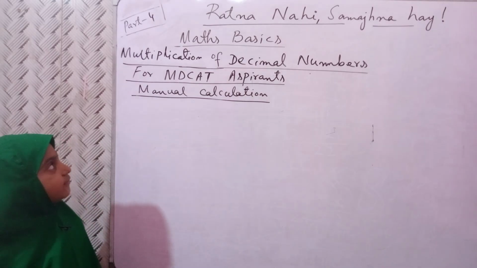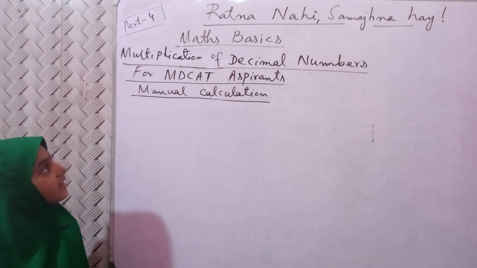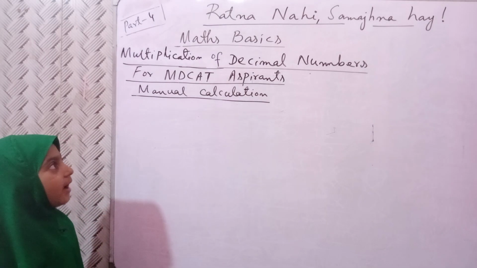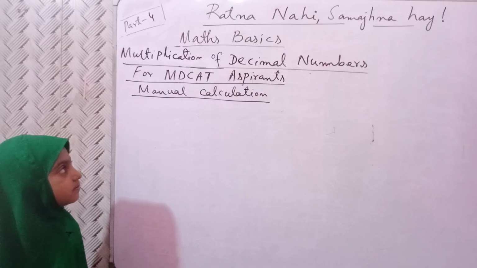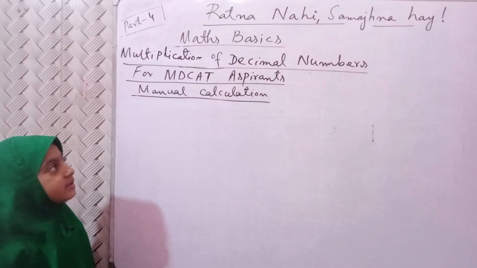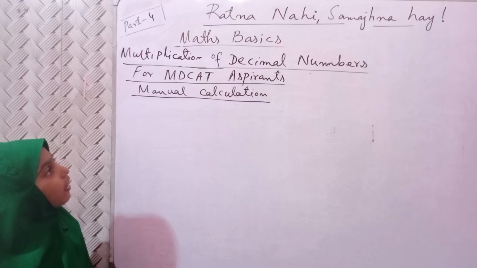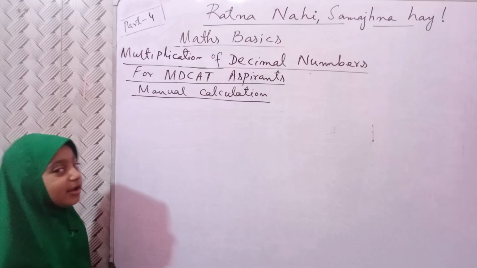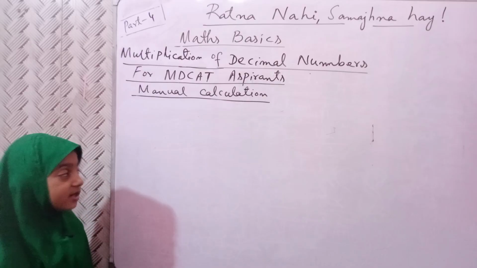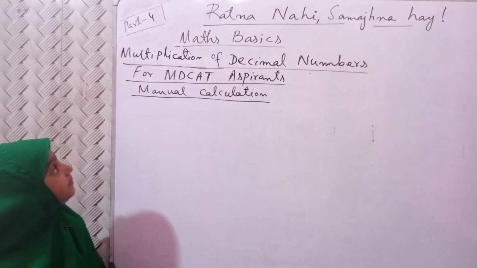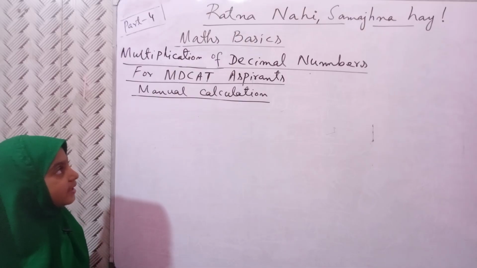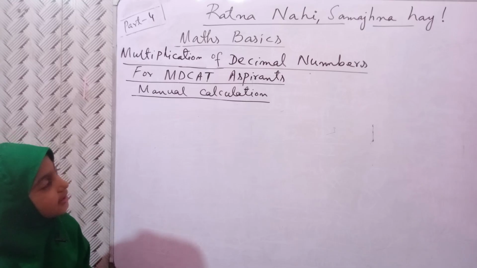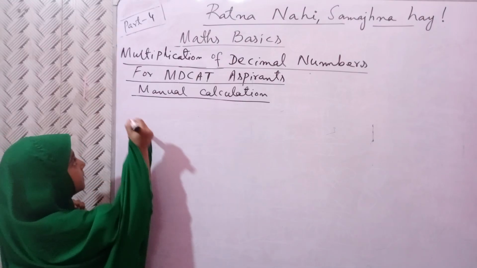In the previous video, we saw addition of decimal numbers for MDCAT aspirants, manual calculation. And now we are seeing multiplication of decimal numbers for MDCAT aspirants, manual calculation. Okay, now let's take an example.